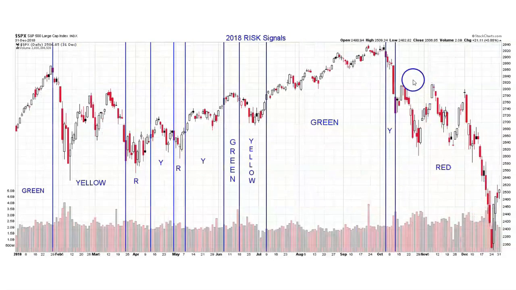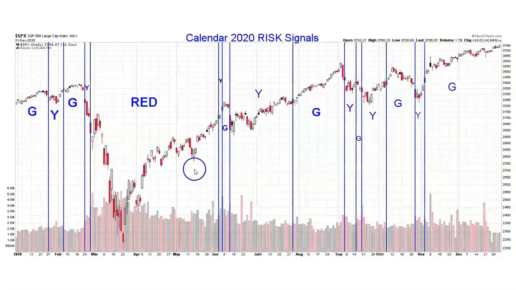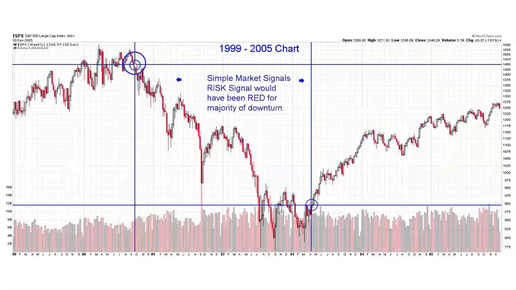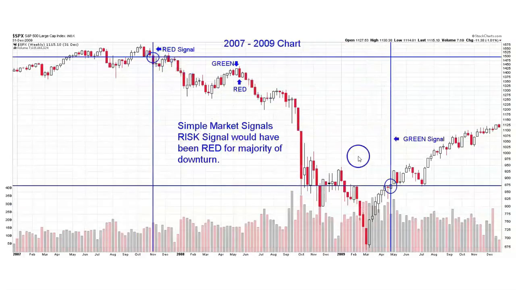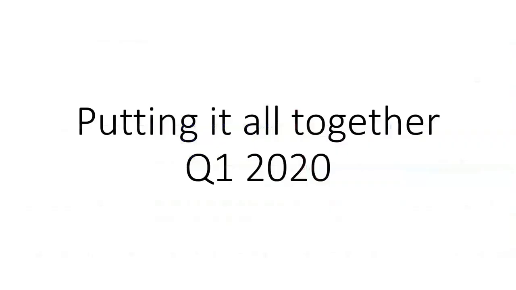The red signal is the worst risk-reward ratio signal for equity investors, and the worst downturns, including the downturn in Q4 of 18 and the bear market in Q1 of 2020, plus the bear market from 2000 through 03 and the bear market of 07 through 09, all of those are going to take place in a red signal environment.